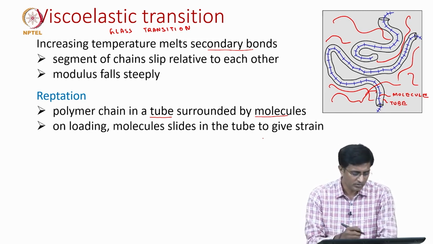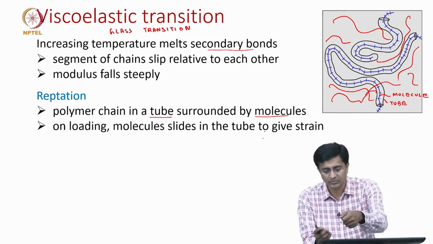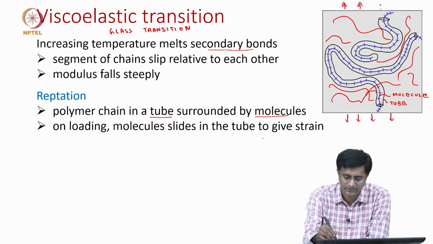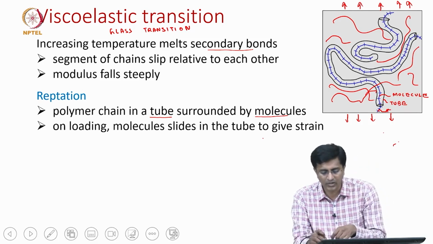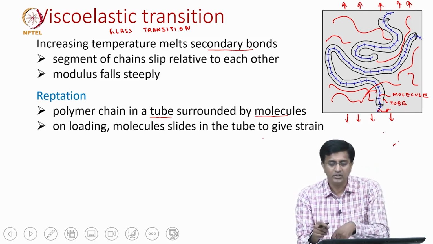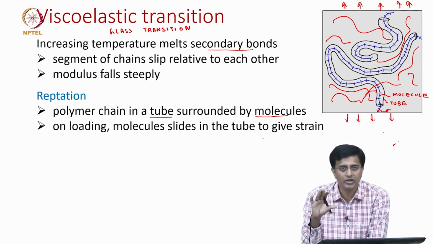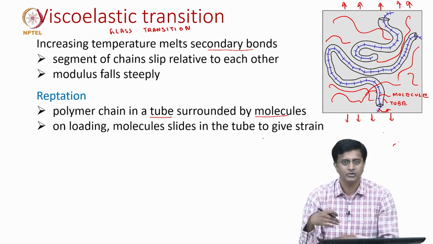On loading, these molecules slide in the tube. For example, let us say we are applying this load in the vertical direction, a tension load. If you focus on this particular chain, it will slide in this tube independent of the surrounding molecules.